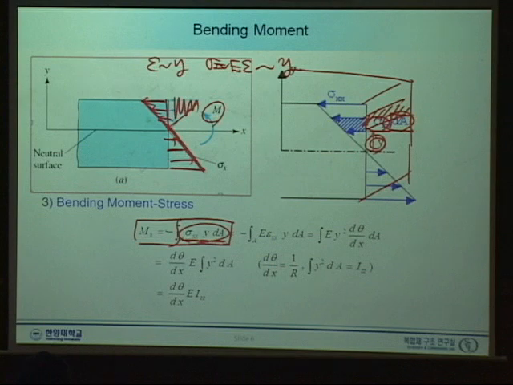And why is there a minus here? Well, simply, with this x and y, this is the positive side, and positive stress should go this way.